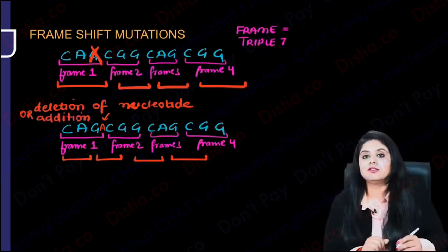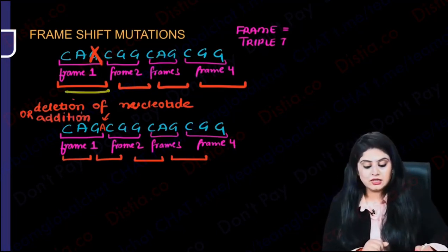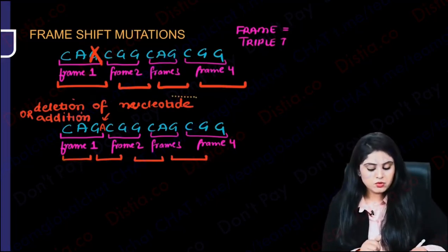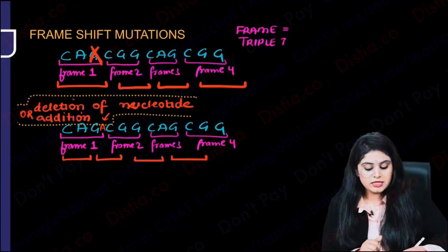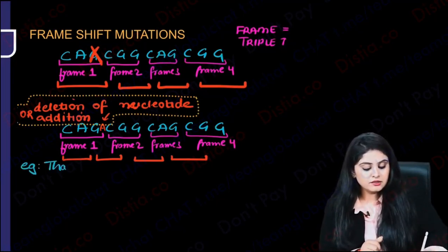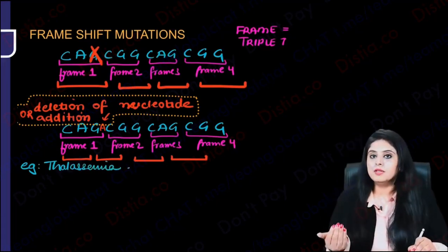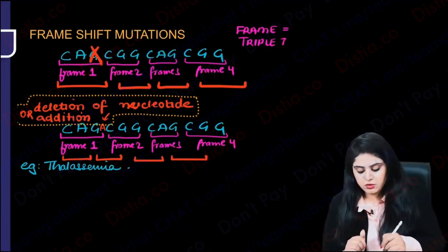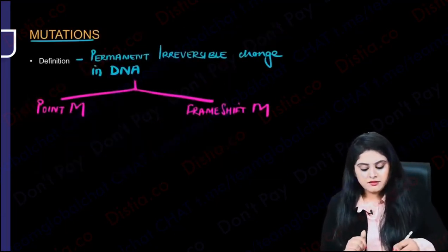Both of them are going to result in a shift in the frame. So simply, frame shift mutation is because of a deletion or an addition of a nucleotide, and that is also seen in cases of thalassemia. So when you go back, guys, and study your thalassemia chapter in pathology, you will see all these mutations over there. So we are done with the mutations, that is the point and the frame shift mutations.